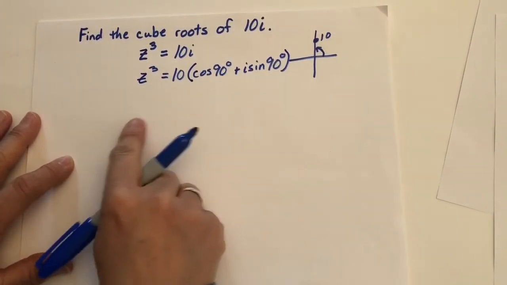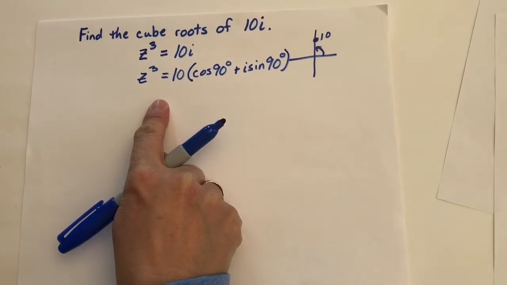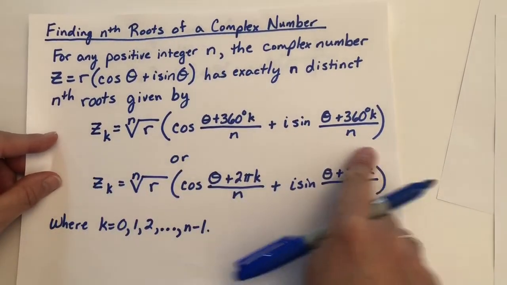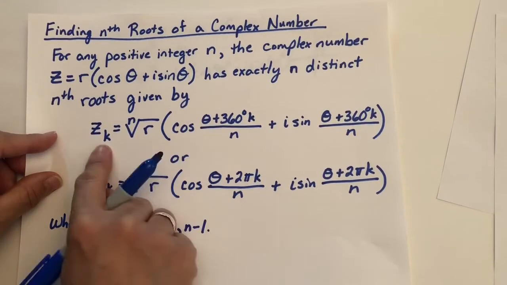This is the equation that we're solving. Now, here's our formula. Again, you can use the process that we did before, which is really equivalent to what we're going to do right now.